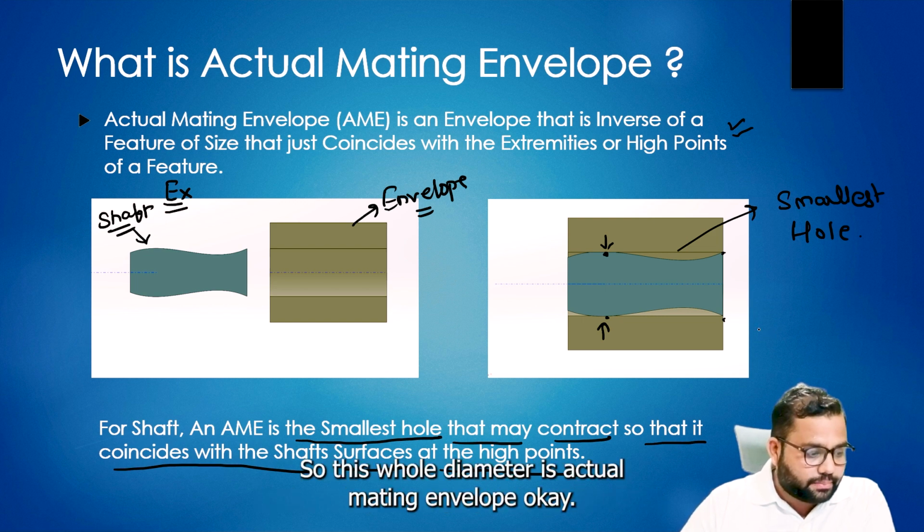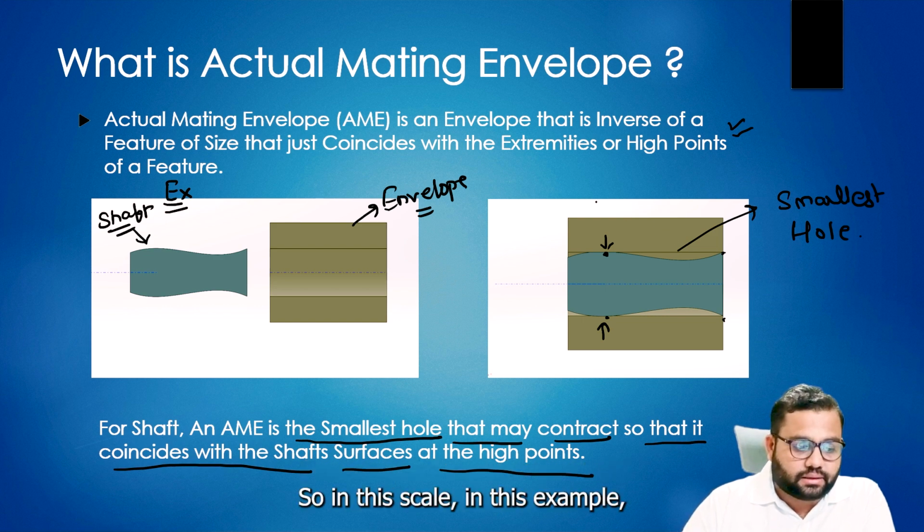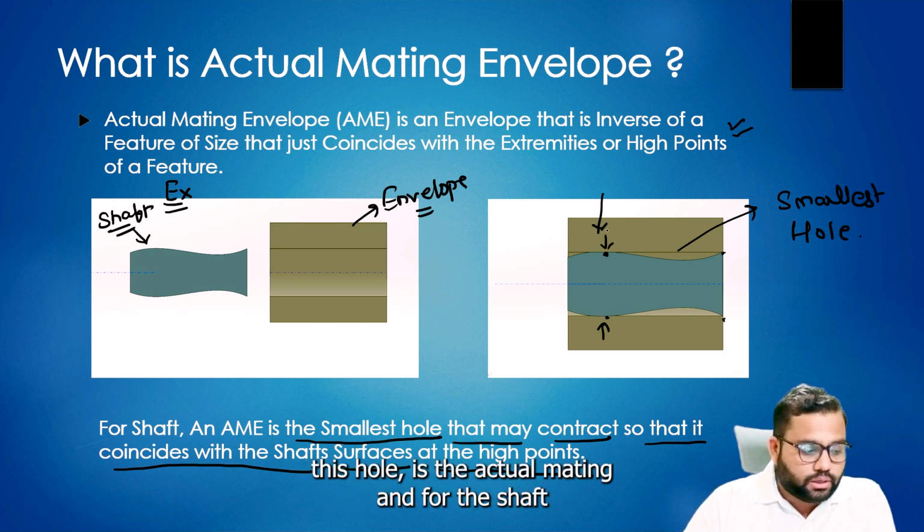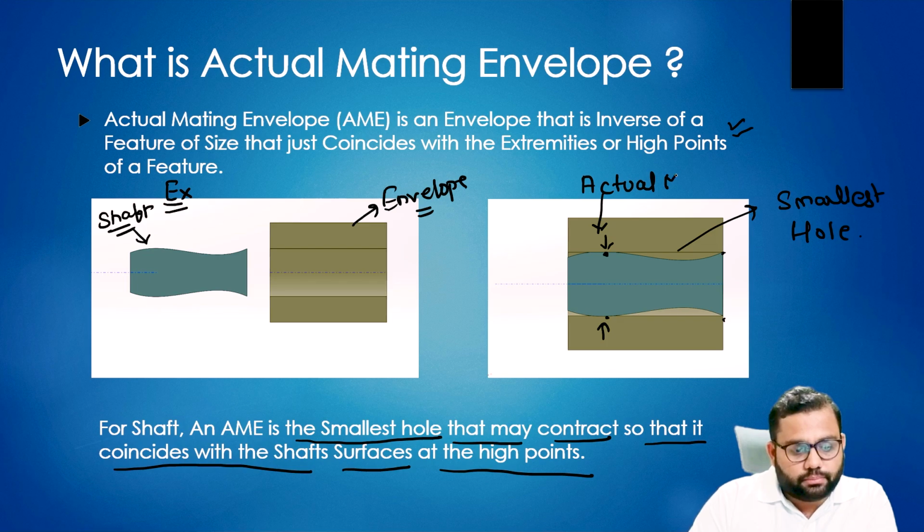So this whole diameter is the actual mating envelope. In this example, this hole is the actual mating envelope for the shaft.